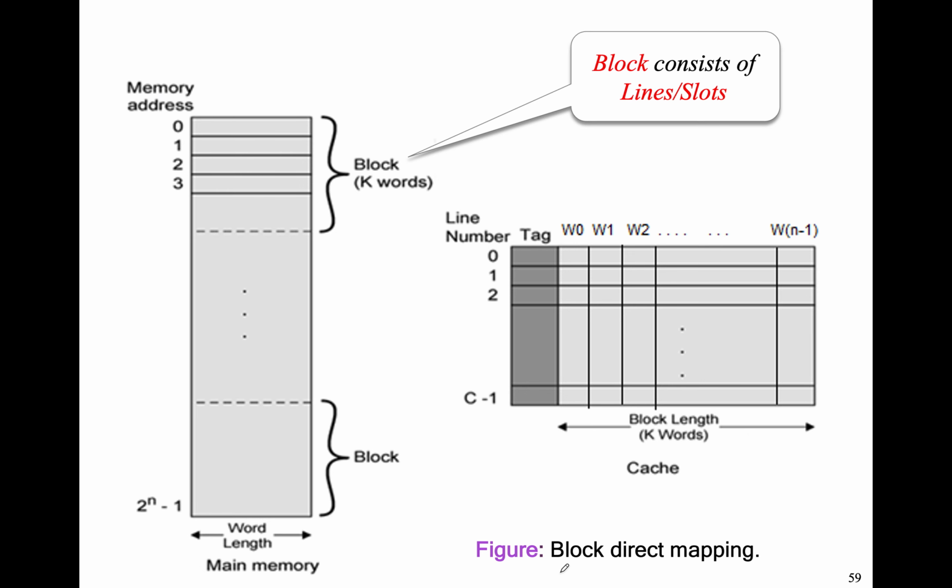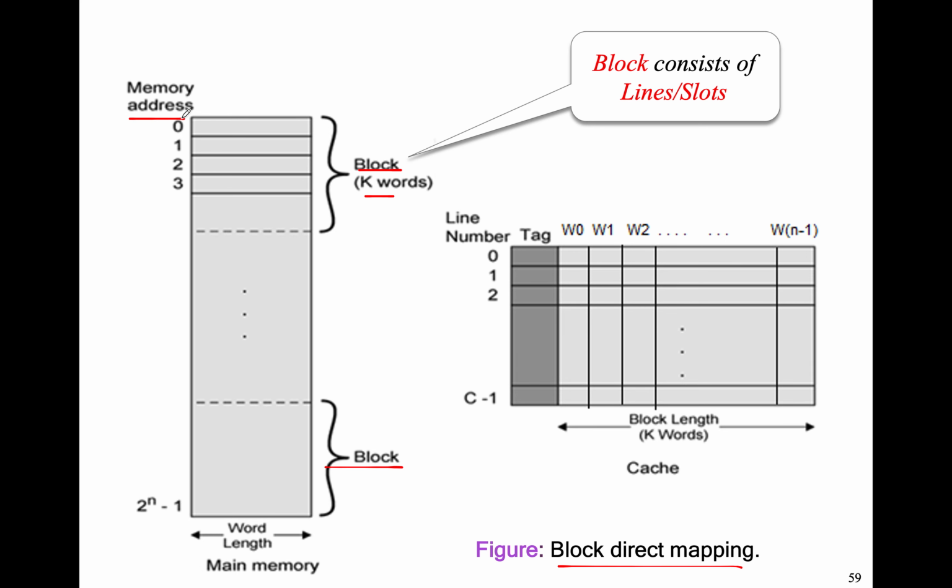Okay, this one is just the picture for block direct mapping. You can have several blocks. We also already looked at this in our previous slide, and this is block by block, and how many words are available.